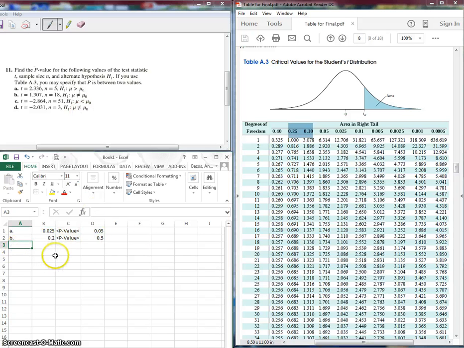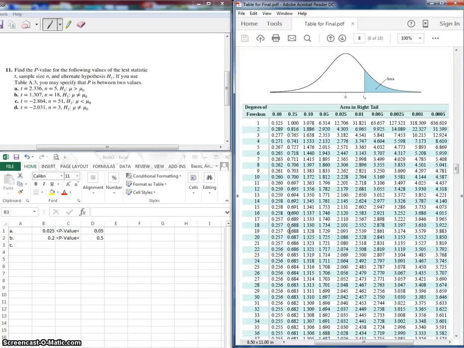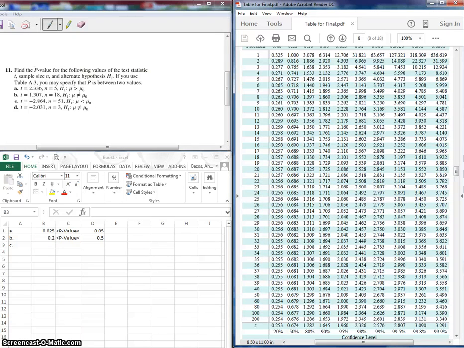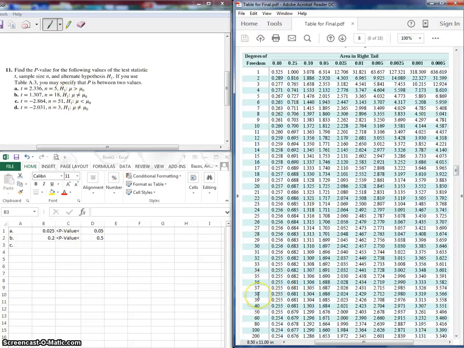All right, so for C, now we have a left tail, but it's only one tail, so this is the easy case, kind of. I just come down here and say my n is 51, so my degrees of freedom is 50.